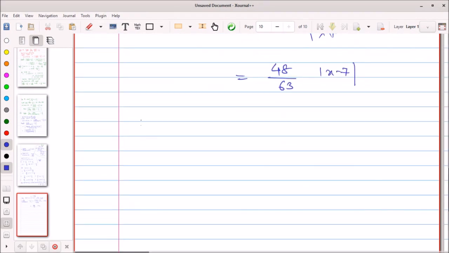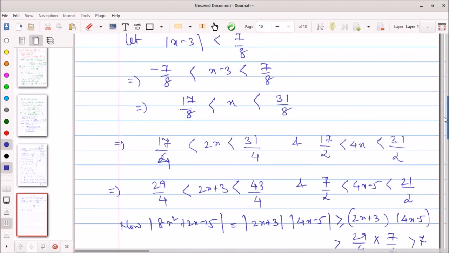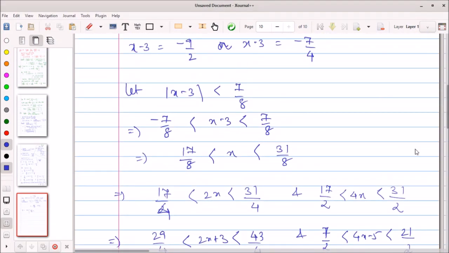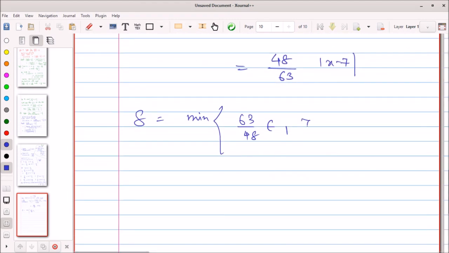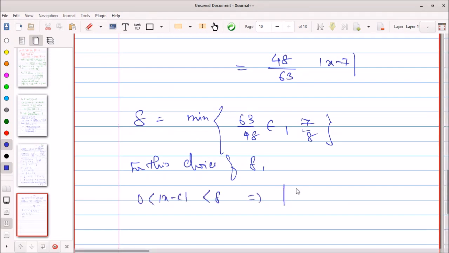So what delta should we choose? Delta equal to minimum of 63 by 48 epsilon, and we took 7 by 8. So this 7 by 8 is here. Then for this choice of delta, 0 less than |x minus c| less than delta implies that x plus 4 over (2x plus 3)(4x minus 5) minus 1 by 9 is less than epsilon.